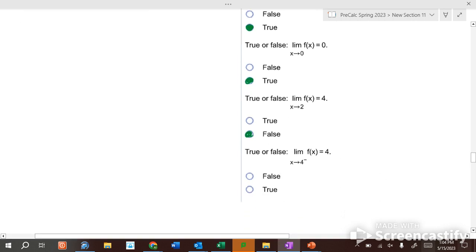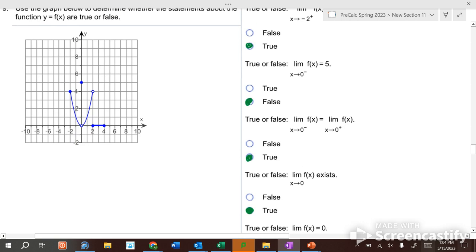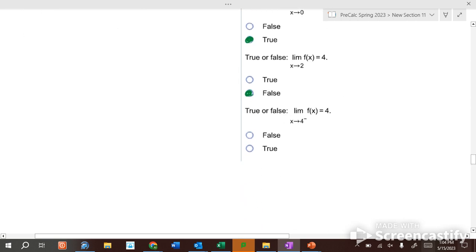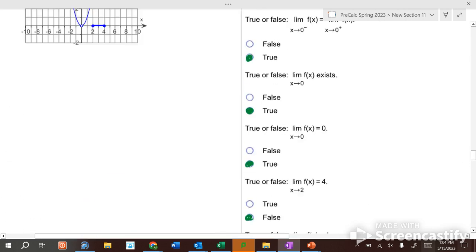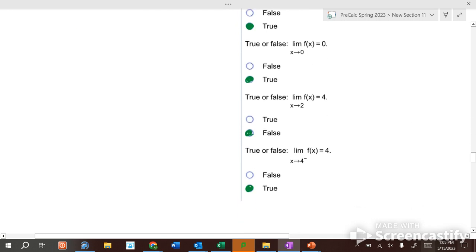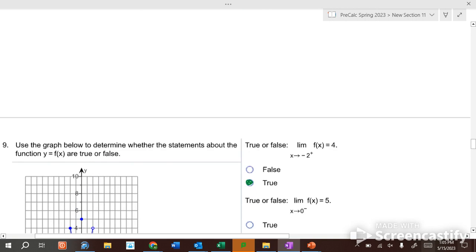As x approaches 4 from the left, is the limit 4? No, it is 0. All right, that is false. Oh, I was assuming false was on the bottom. So is that true? Yeah, this one's true. All right. So we'll have questions.